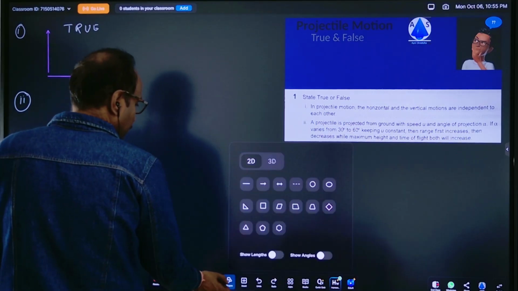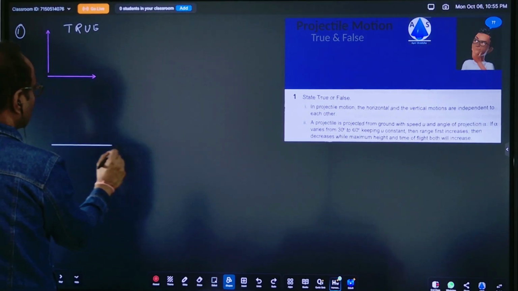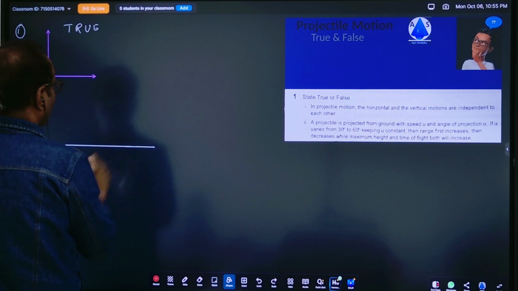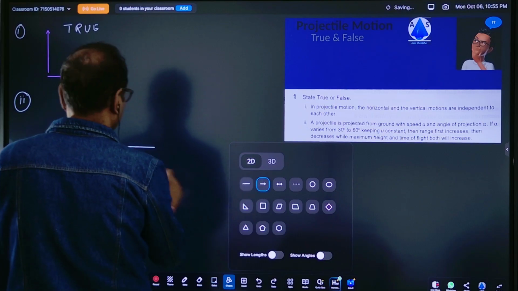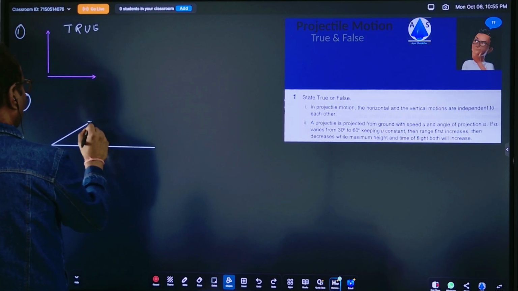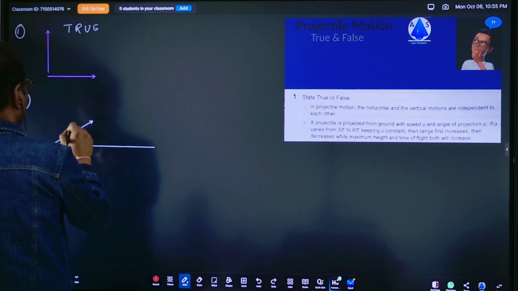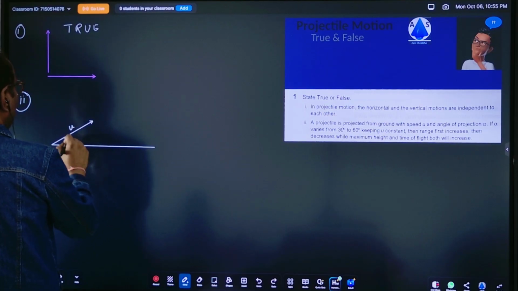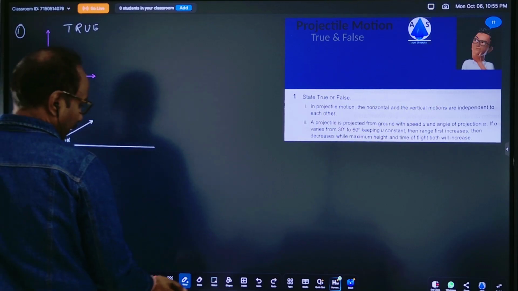So as per the question, the projectile is projected with velocity u and making an angle alpha from the horizontal.